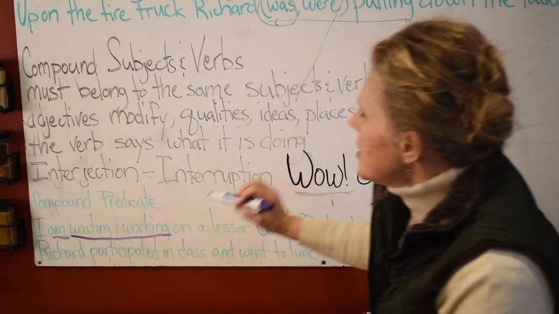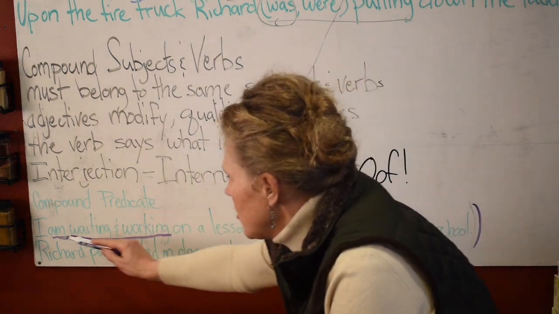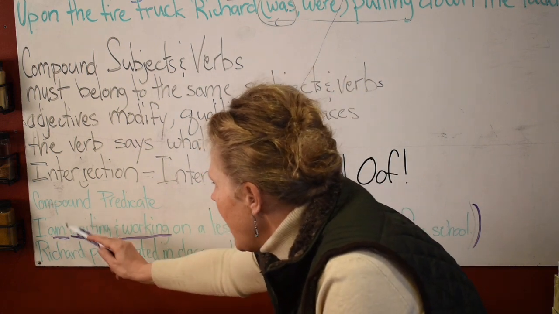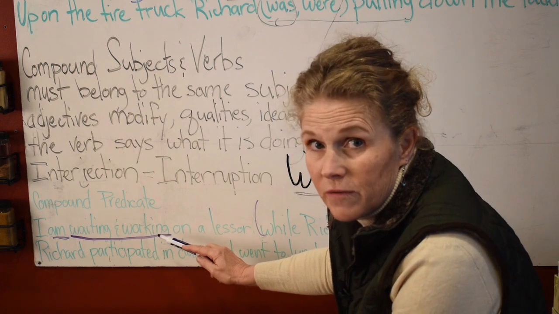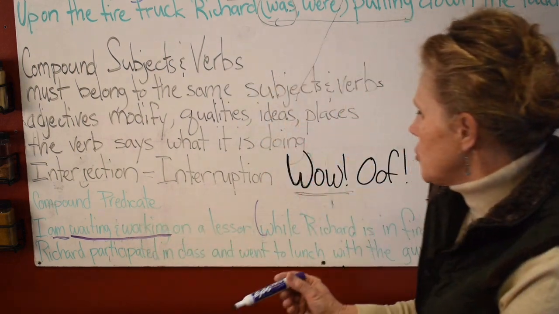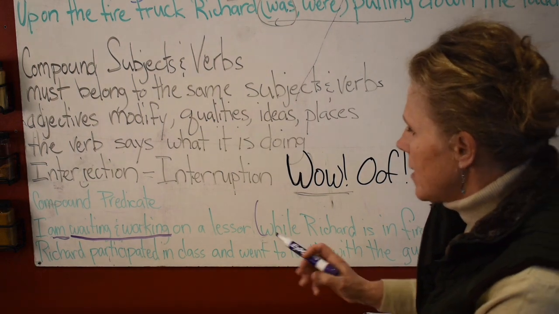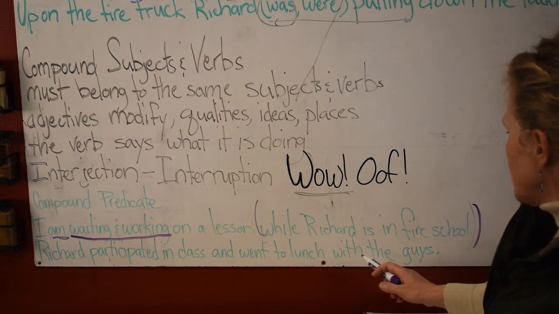So this is a compound predicate, waiting and working, and your auxiliary verb is the same thing. I am waiting, I am working. This auxiliary verb is helping both of these words, and this puts it as a compound predicate because you have two right here. Okay, now Richard participated in class and went to lunch with the guys.